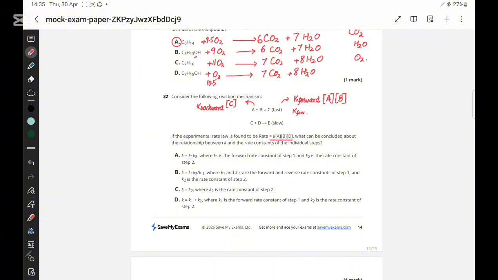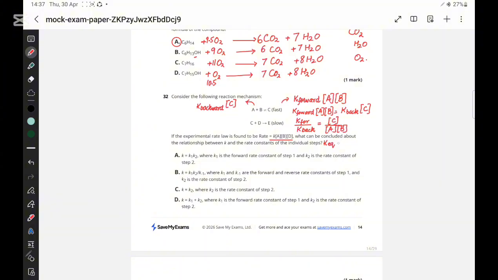So K forward times the concentration of A times B is equal to the rate of backward, which is K backward times the concentration of C. When I take K forward over K backward, we are going to have the concentration of C over the concentration of A and the concentration of B. And this K forward over K backward is equal to K equilibrium.